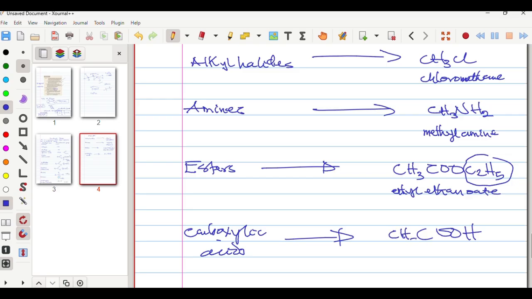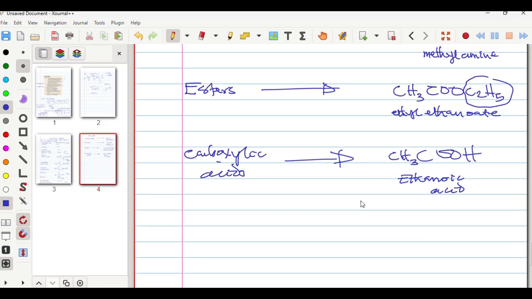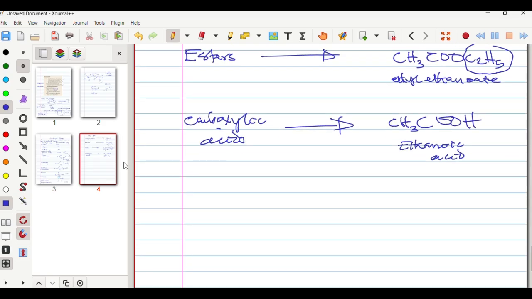It can be CH3COOH. So if we say CH3COOH, we have two carbon atoms, 1, 2. So it means this is ethanoic acid. Remember, two carbon atoms is eth. One carbon is meth. 3 is prop. 4 is but. 5 is pent.